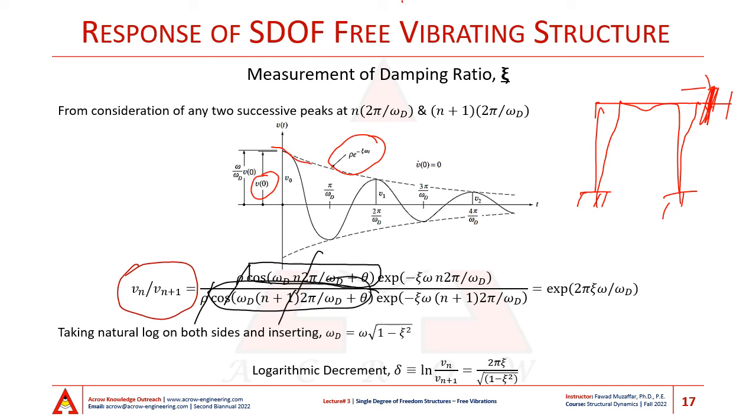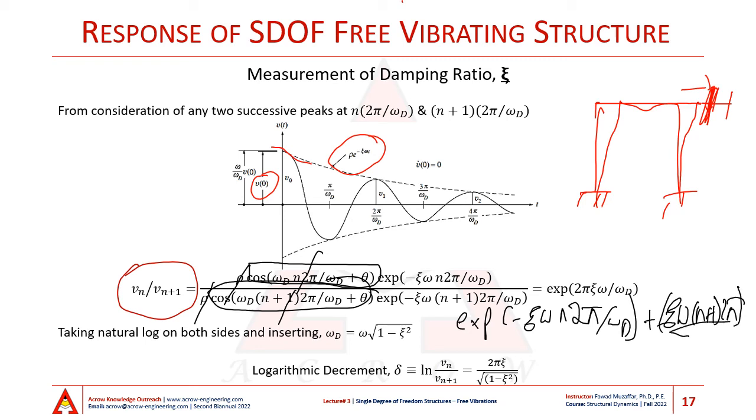We are left with these two terms, in which, since these are exponentials, we can write this exponential as exponential minus psi omega n 2 pi over omega d plus psi omega n (n plus 1) 2 pi over omega d.